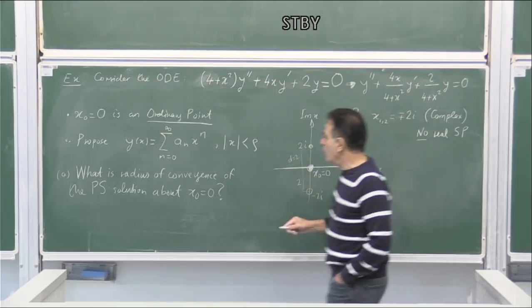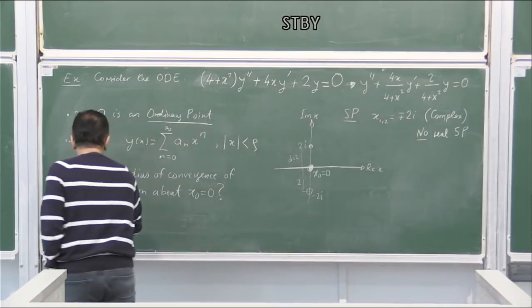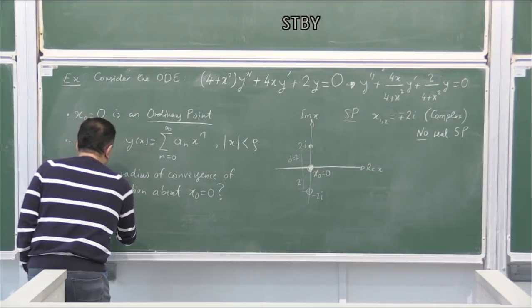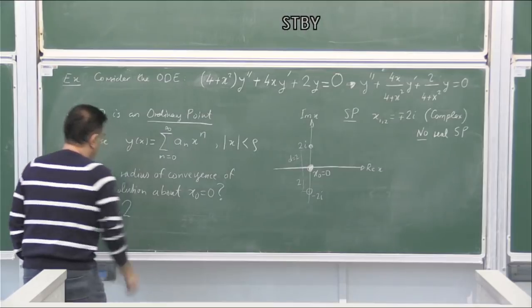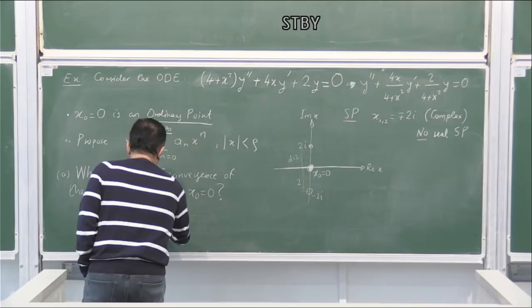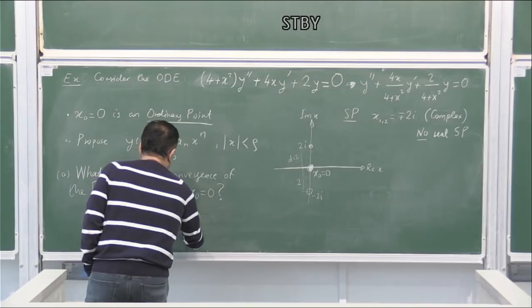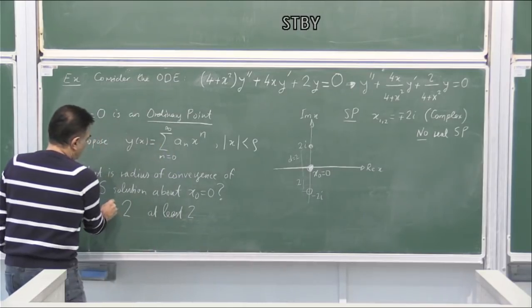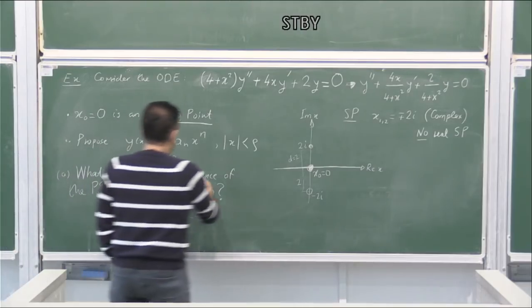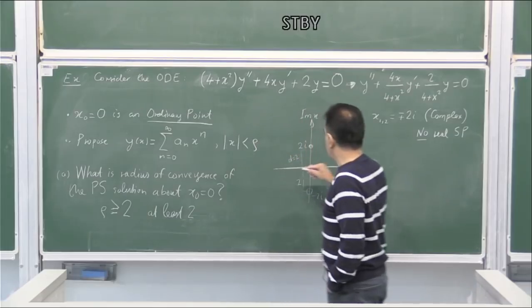Therefore, by theorem 2, rho is at least 2. So the radius of convergence is at least 2.